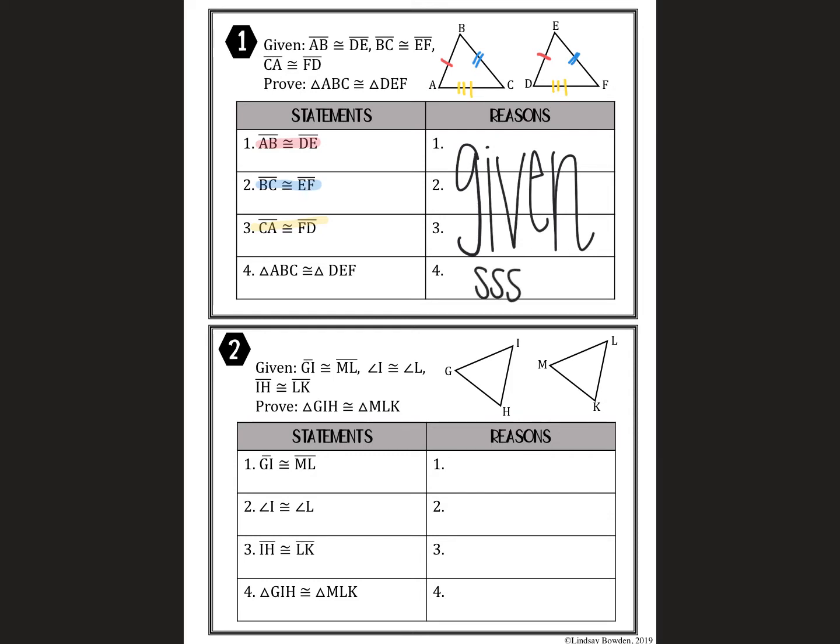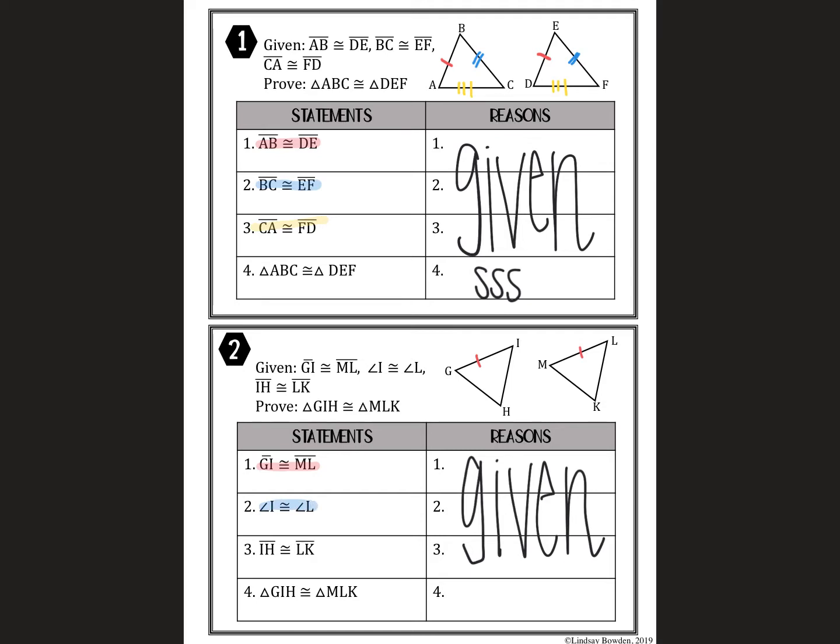For the next one, the first 3 statements were given, so we're just going to write given. And then again, we're going to go through and mark. So this first one is a set of sides, GI and ML. So we're going to mark them with 1 mark each. The second statement are actually angles this time.